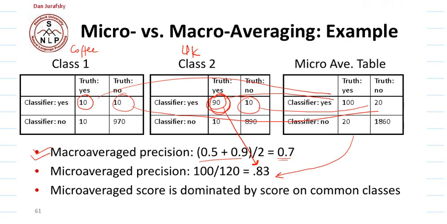Apart from macro average precision, we also have weighted, where we count the total number of samples present and multiply with the individual precision or recall, that is, according to the number of samples in that class.